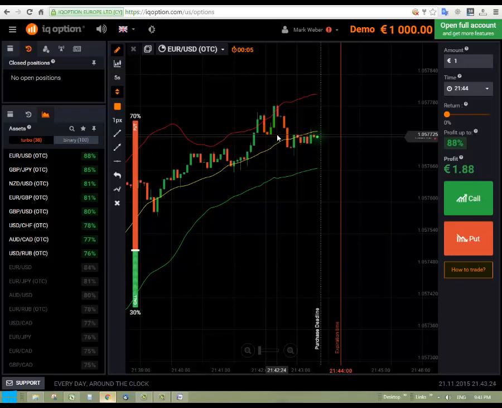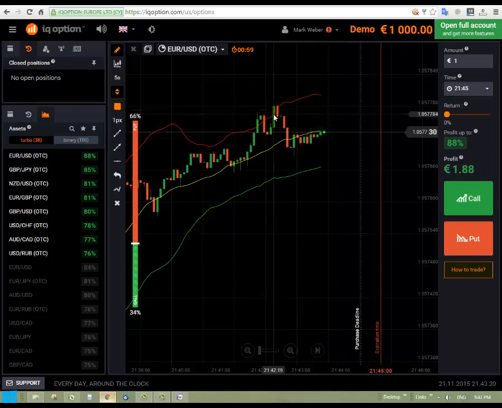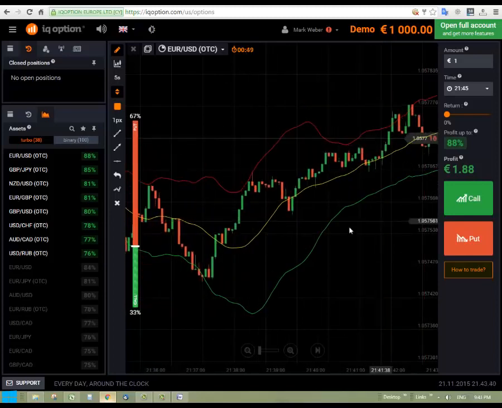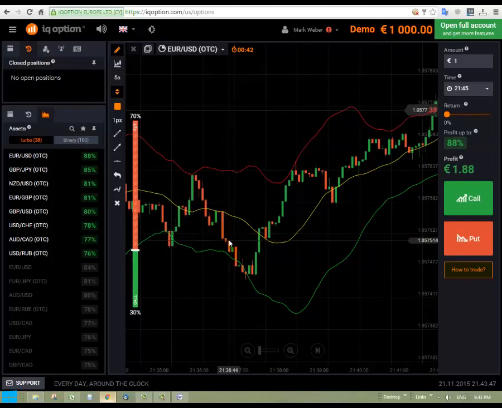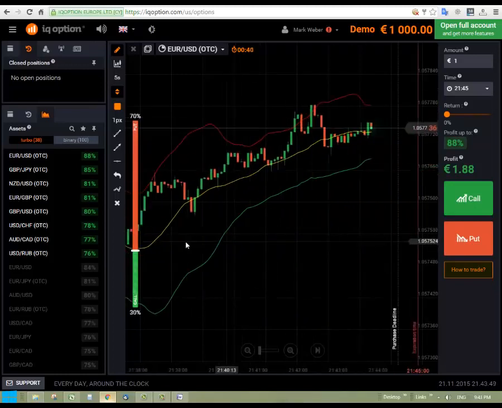On a graph, when the candles start to break out above the top band, here, then the move will usually continue to go up. And when the candles start to break out below the lower band, let us see an example here, then price will usually continue to go down.